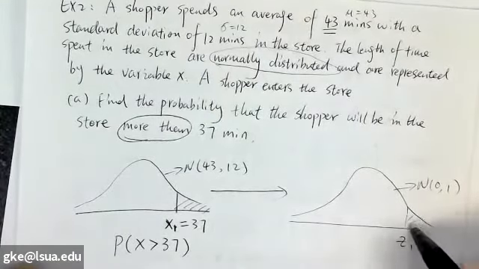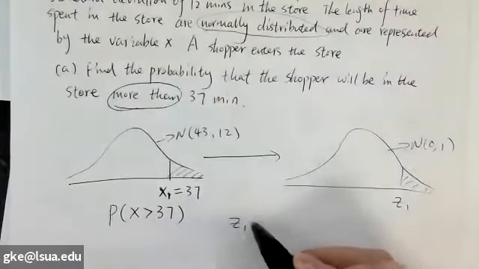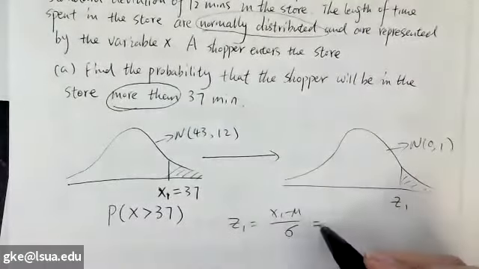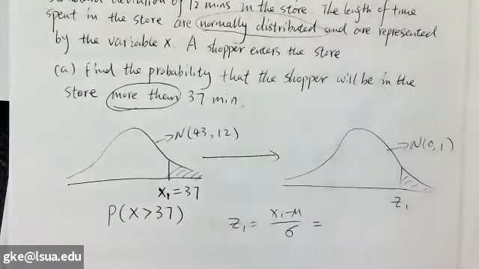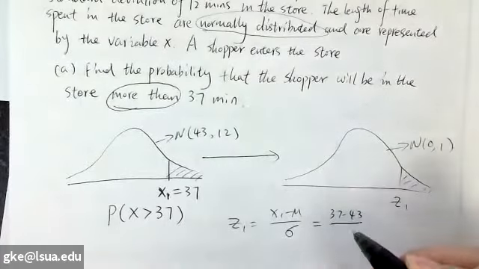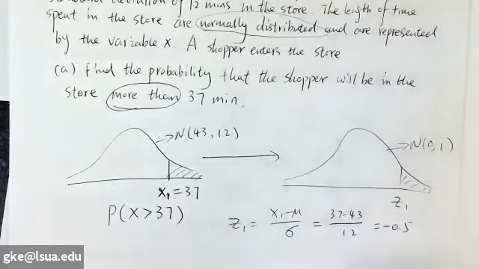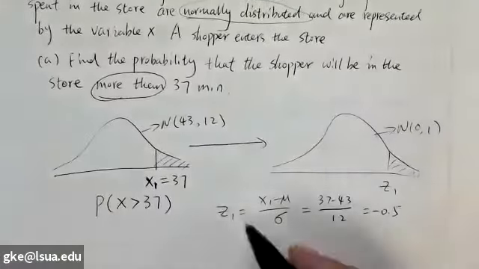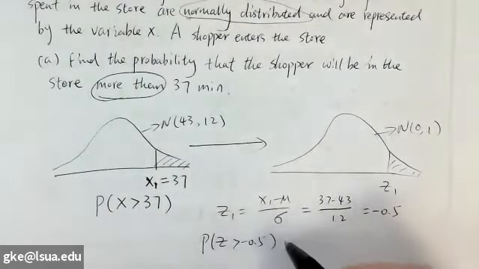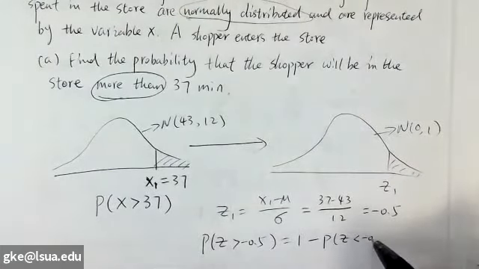That is Z1. And the first step, you're gonna calculate the Z1 gonna be X1 minus mu divided by sigma. And let's take a look. 37 minus 43 divided by 12 equals negative 0.5. Okay, now we can calculate the area to the right. Gonna be the one subtract the area to the left.